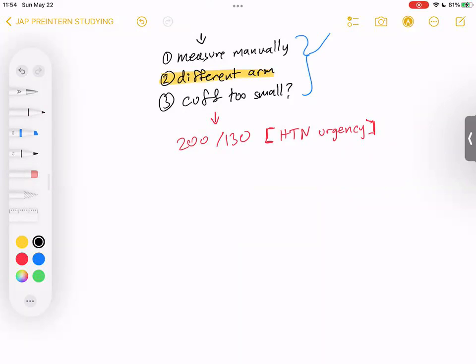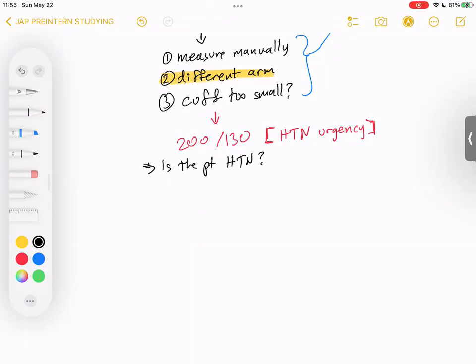Again, before you start giving medications, right? Everybody might rush to say, give the patient some hydralazine or something, and then see what happens, like check the blood pressure again. There are really important questions you have to ask yourself, okay? Before you do anything, you need to ask yourself: is the patient hypertensive?